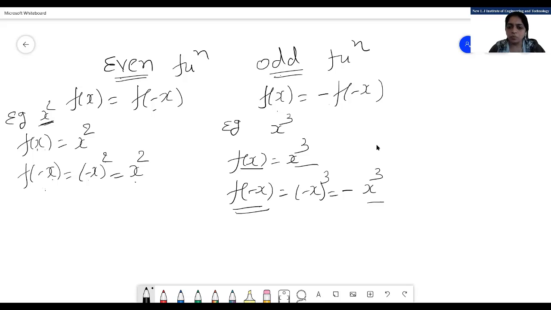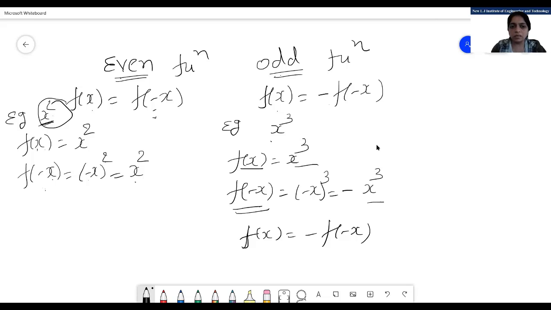So for x cube, f of x is equal to minus f of minus x. What does it mean? It means x square is an even function because it satisfies the rule f of x is equal to f of minus x. And x cube is an odd function because it satisfies the rule that f of x is equal to minus f of minus x.